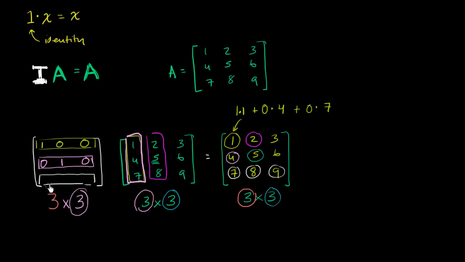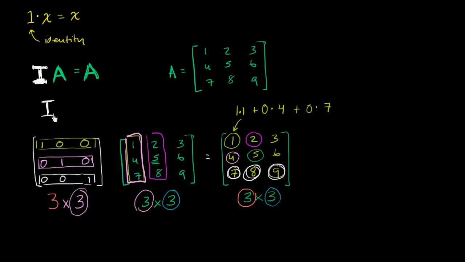So if we want the 7, let's multiply 0 times a 1 plus a 0 times a 4 plus a 1 times the 7. And just like that, you'll see that it works. That gives us a 7 for this entry. When you take the dot product of this and that, it gives you an 8 for this entry. And you take the dot product of that and that, it gives you the 9 for that entry. And so just like that, we have constructed a 3 by 3 identity matrix.